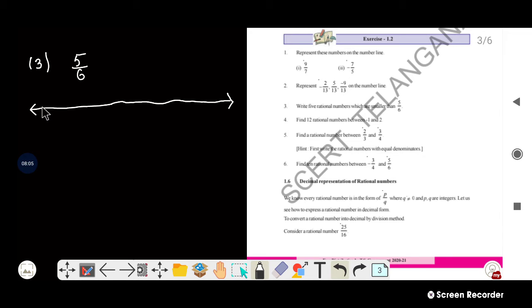So that's why you can write -4, -3, -2, -1, 0, 1, 2, 3, 4 only. Okay, 4 and 5 also you can take, 5 and 6 also. So every number you can just divide by 6.